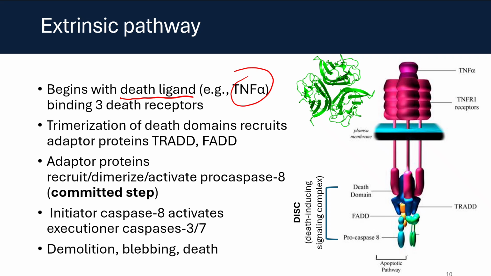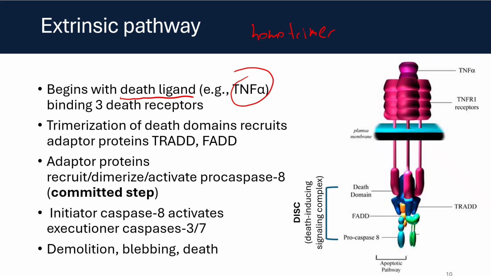I will now draw to your attention that the TNF-alpha molecule is a homotrimer. Its quaternary structure consists of 3 identical primary sequences bound together in a triangle fashion, and that is going to bind not 1, not 2, but 3 death receptors on the surface of the target cell, the receiving cell.